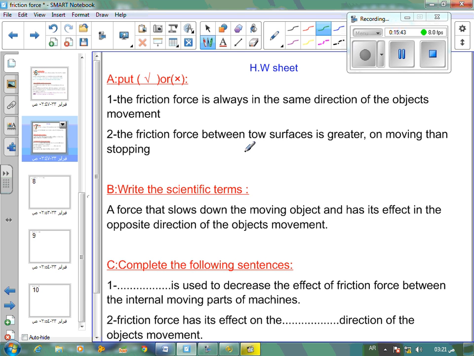Number one, the friction force is always in the same direction of the object's movement. Right or wrong? Of course, wrong. This is because the friction force is in the opposite direction.